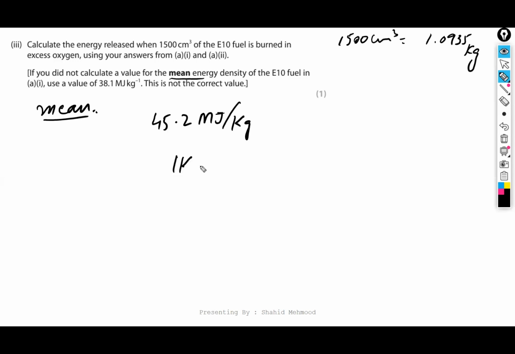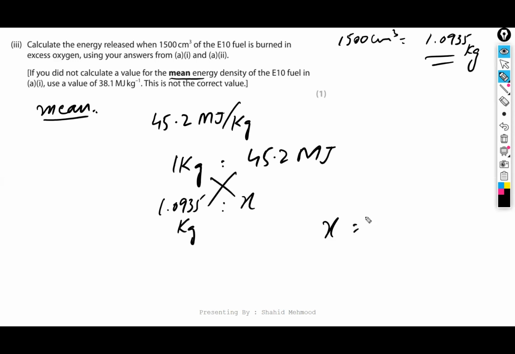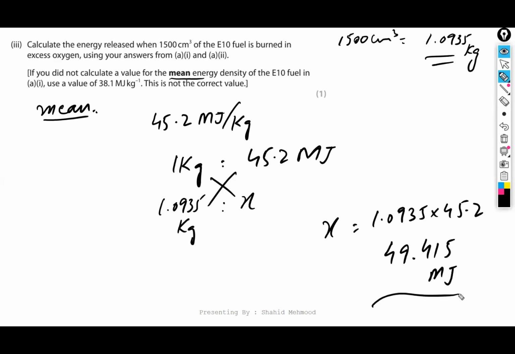If we burn 1 kilogram of fuel, we get 45.2 megajoules. Right now we are going to burn 1.0935 kilogram. So how much energy will be released? It is 1.0935 times 45.2, and our answer will be 49.415 megajoule.